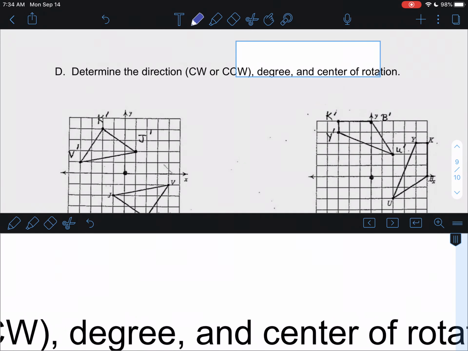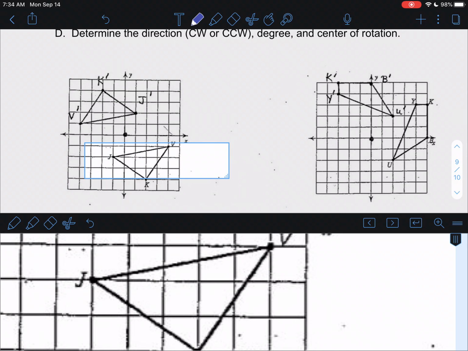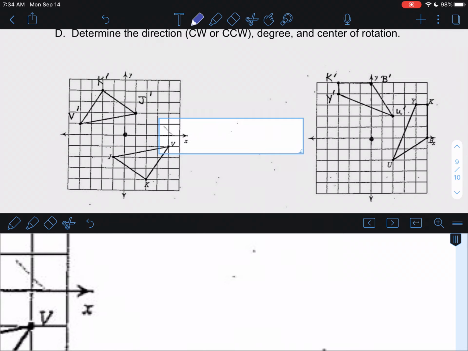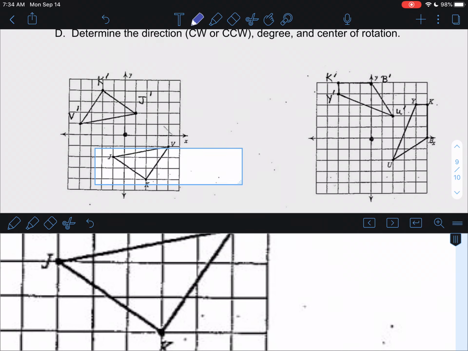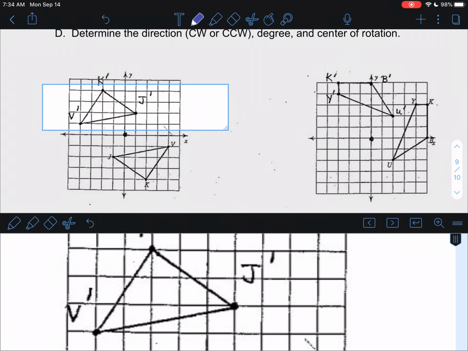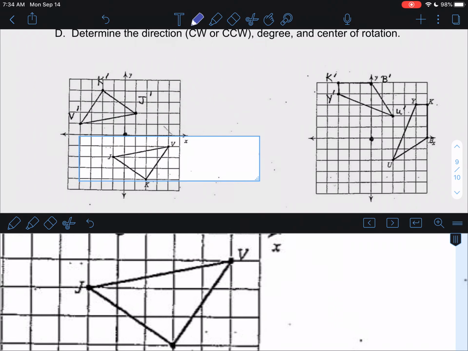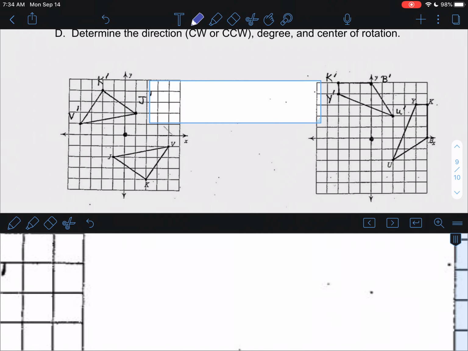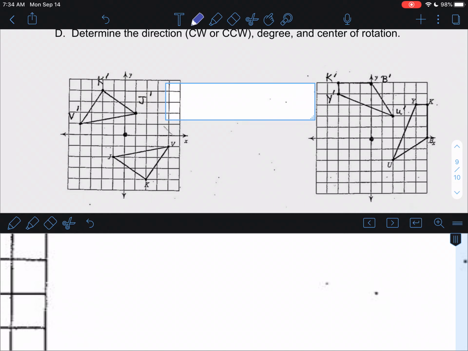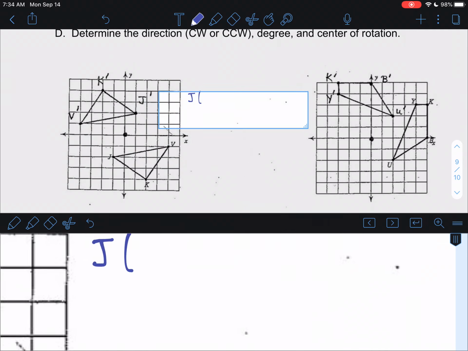So here we have, is this JKV? Yeah. So this is triangle JKV down here, and it's being mapped onto J prime, K prime, V prime. And let's see, I'll just pick a point, I'll go with J. So J starts at, is that -1, -2?